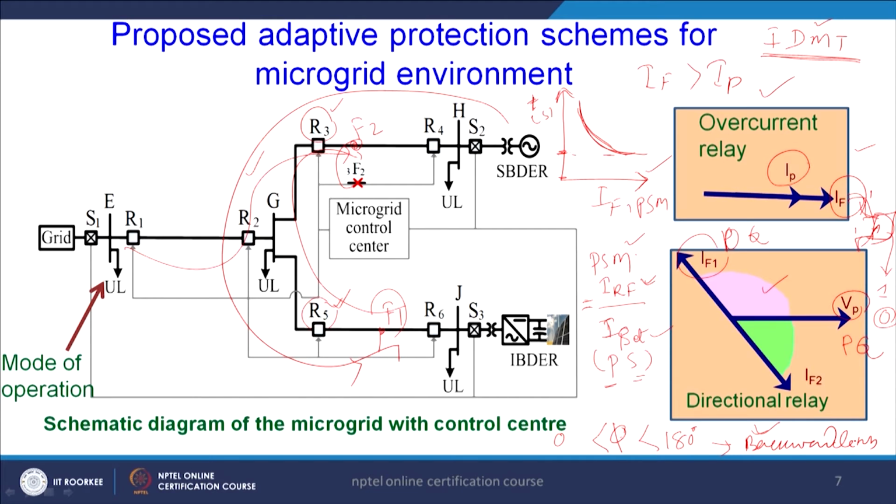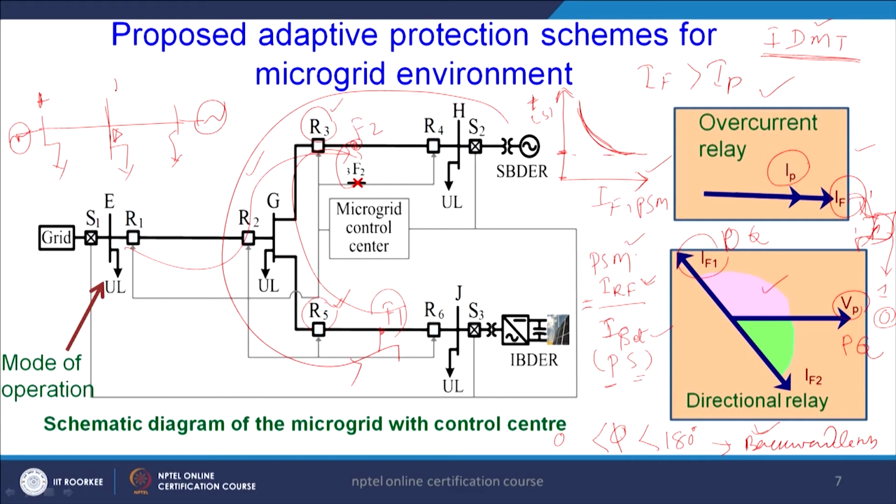Let me draw one figure here so that things will be clearer. Suppose you have a system like this, with one source and one DG connected, this is my grid, and we have a load point here, with some loads here and some loads here. This directional relay is located at this bus.